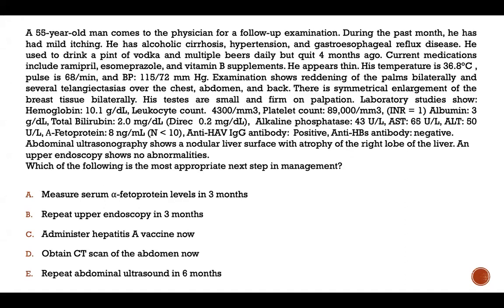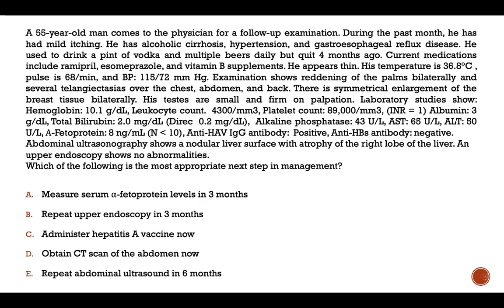Examination shows reddening of the palm, that means he has cirrhosis, bilaterally and several telangiectasia over the chest, breasts enlarged bilaterally, his testes are small and firm on palpation. Laboratory studies show hemoglobin 10 and platelet 89. What does that mean? Platelet 89. Albumin 3 gram. Bilirubin is slightly elevated. Alkaline phosphatase normal. AST, ALT normal. Alpha fetoprotein is normal.